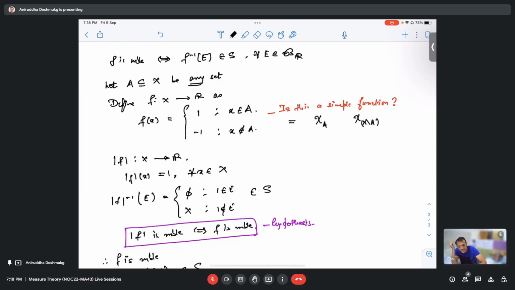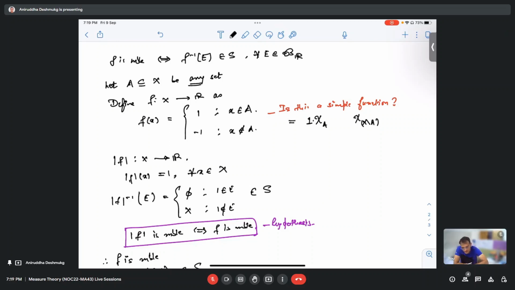Now, what happens when x is inside A? Then obviously the value is equal to 1. So we want 1 whenever x is inside A, right? And for the second set, what do we want?